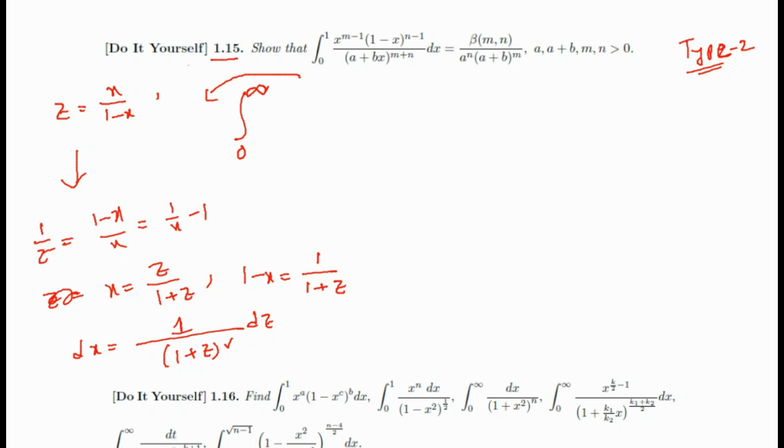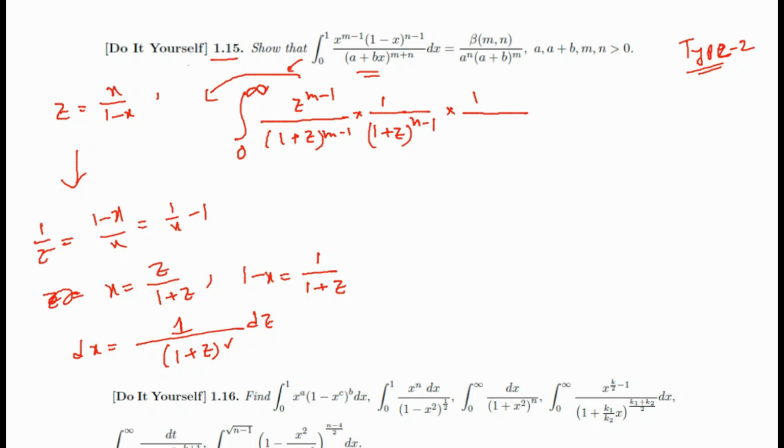Yep, 1 by 1 plus z, and this transforms to x power m minus 1, means z power m minus 1 by (1 plus z) power m minus 1. And what about 1 minus x? So 1 minus x will be 1 by (1 plus z) power n minus 1 into that part. And what about a plus bx?